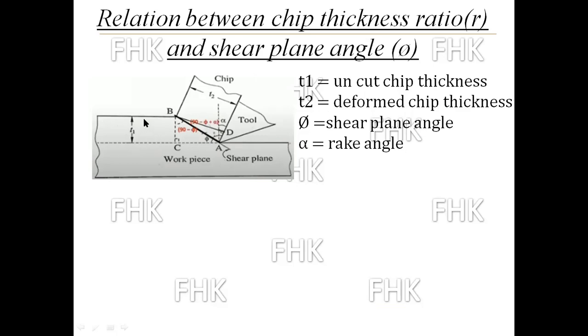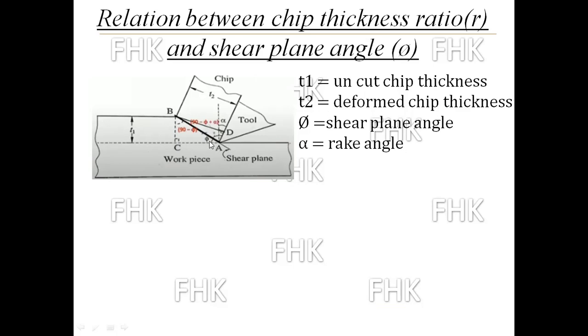Okay, the thickness before cutting is T1 and the thickness of the chip after cutting is T2, the chip thickness. Now what I do here, I draw the perpendicular line from point B, which intersects this horizontal line at point C. So that BC line is perpendicular to this horizontal line, which is making the triangle here as ABC.